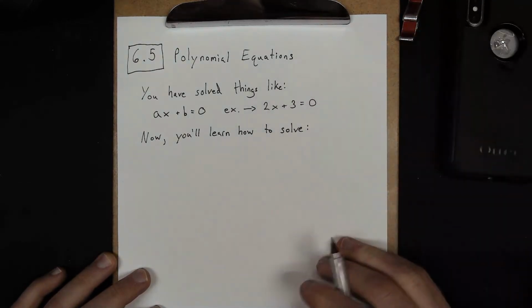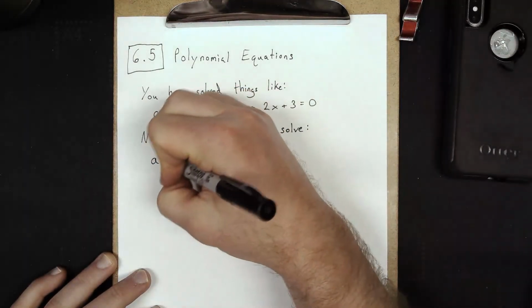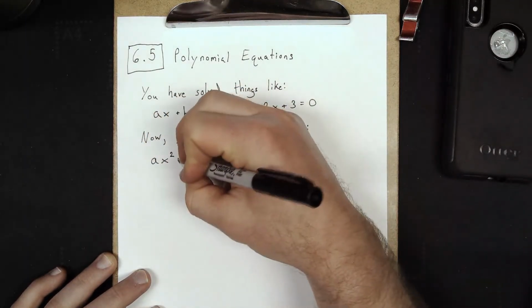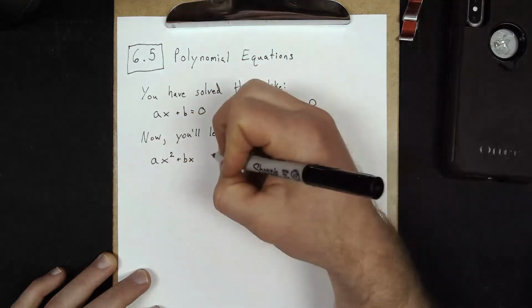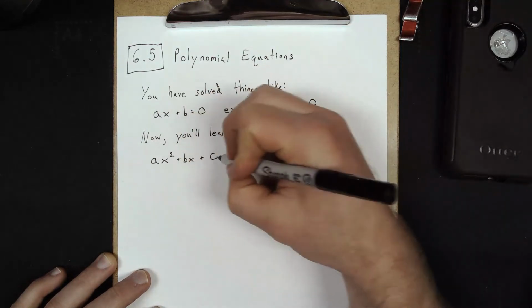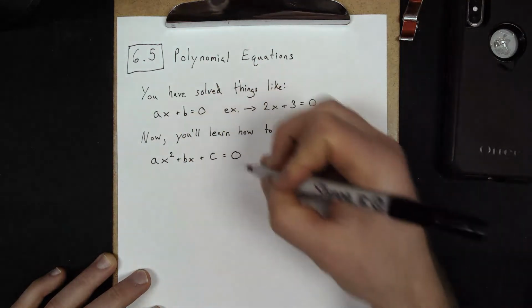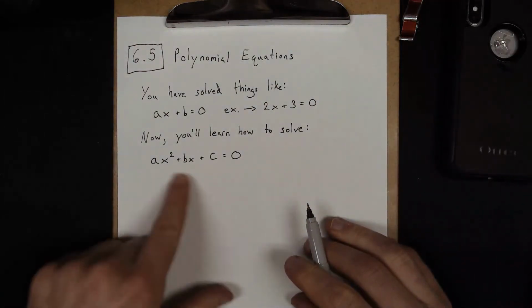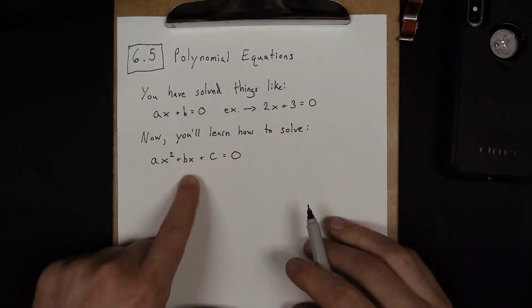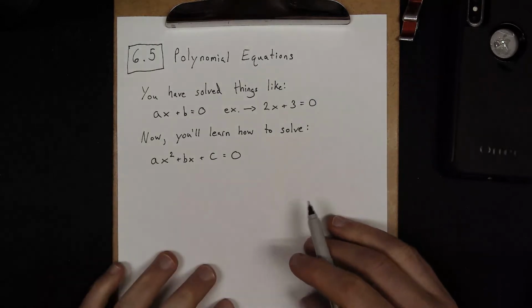Now you will learn how to solve things in this form. We have ax squared plus bx plus c is equal to 0.